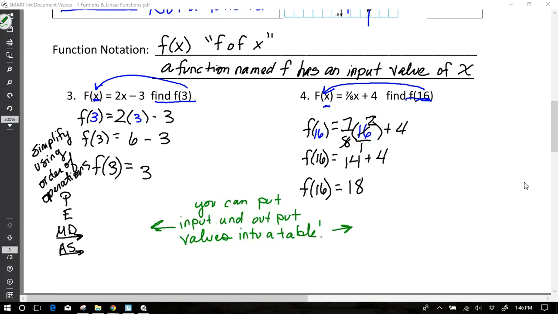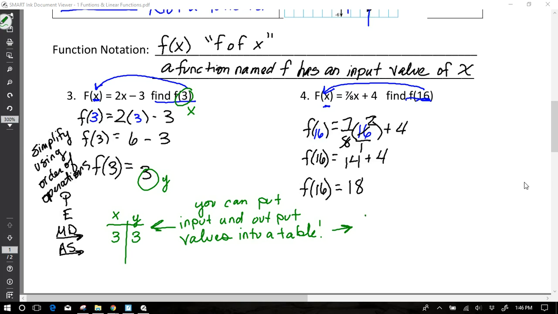So in example 3, my input value is 3. That was my x. And then my output value is also 3. Remember, your output is your y value.